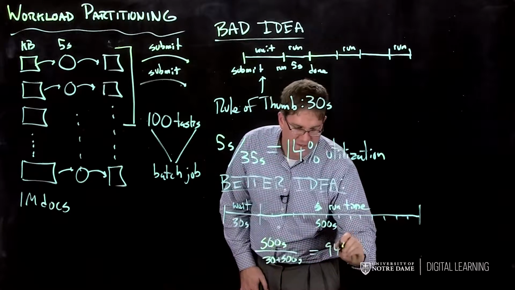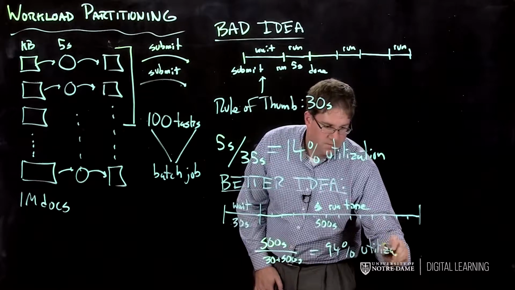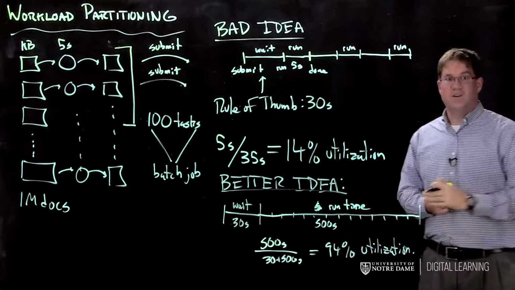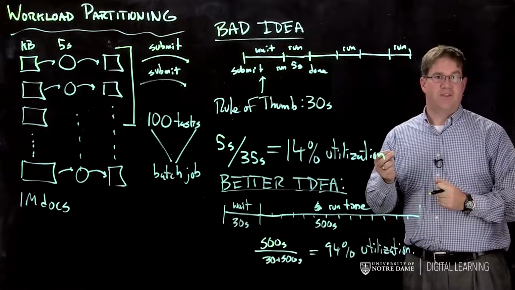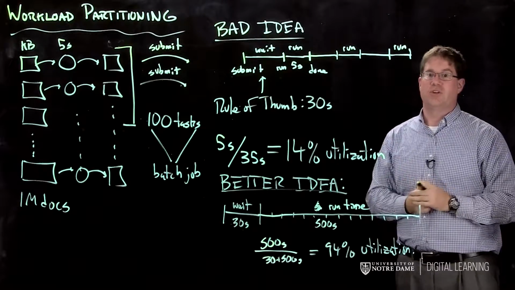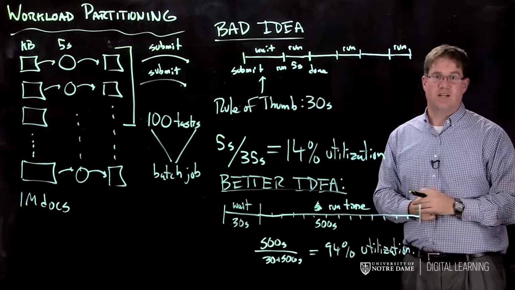And this is going to give us 94% utilization of the cluster. So as you can see, when you design a workload, you have to know some basic facts about the application, because if you were just to take a bunch of small tasks and throw them at the cluster, you get terrible utilization. By thinking a little bit about the orders of magnitude, we can get drastically better performance.